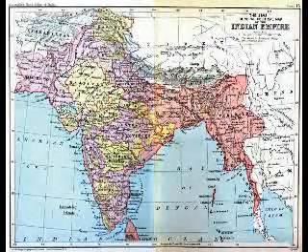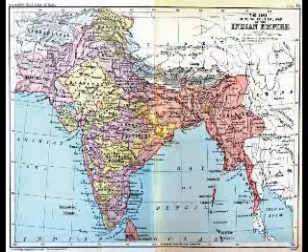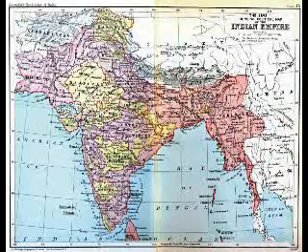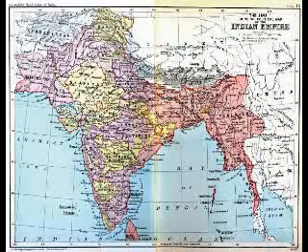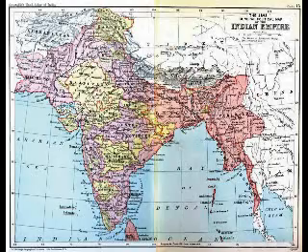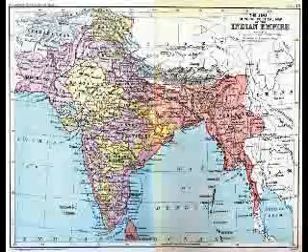His death in 1930 brought his son Dharmendra Singhji to the throne, and as a ruler, he proved the exact opposite of his father.